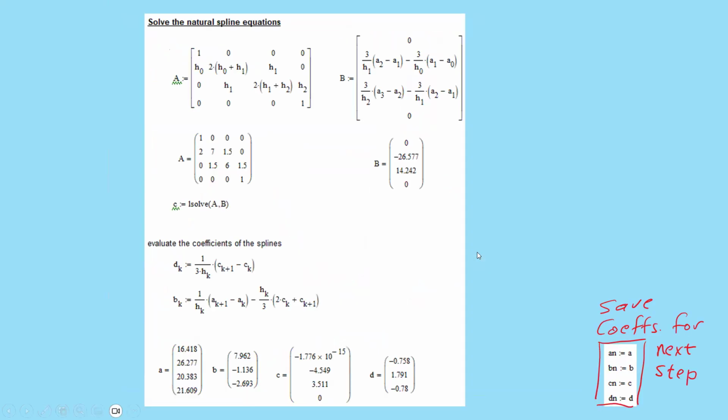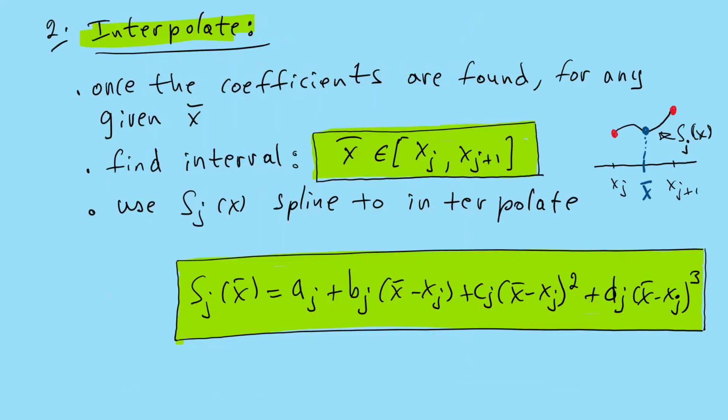Okay, this is the solution I have already shown you. Once all the spline coefficients are known, interpolation is straightforward. For any value of x, we first determine which interval it belongs to. Then we simply use the corresponding spline function.